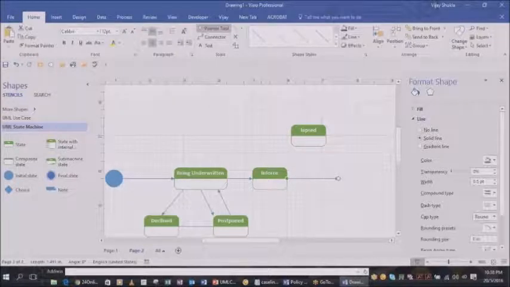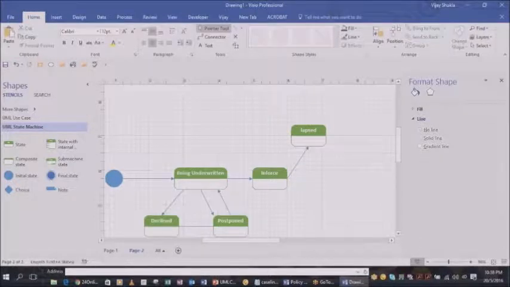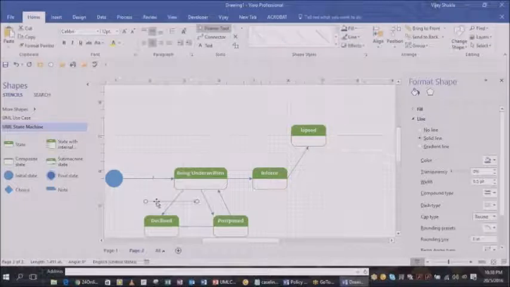So from enforced to lapsed there is one transition, and as it has been told here, a lapsed policy can be revived or can be put in enforced state again if you make the payment of the premium and the additional interest. So that means this is this arrow.